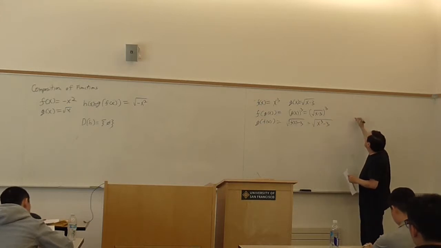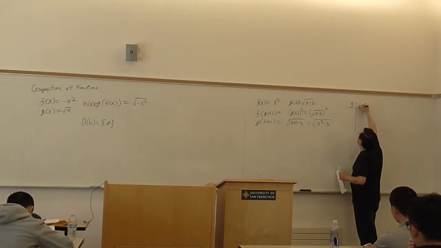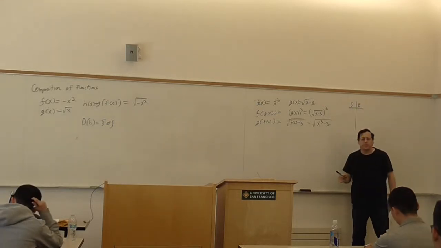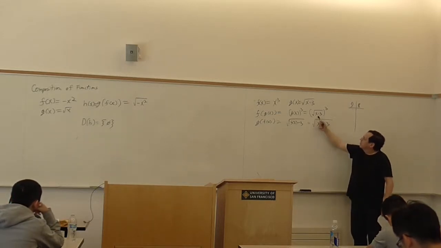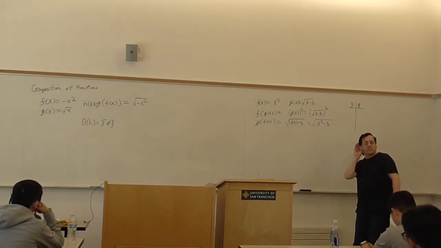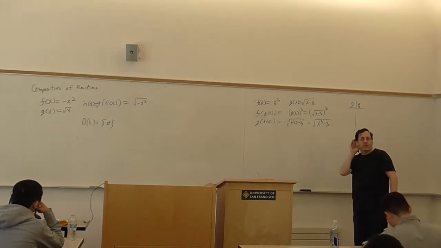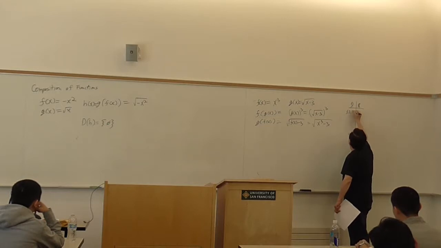What's the domain on this function? It's a little trickier, isn't it? We need what's under the radical to be greater. Yes, Midori? I was going to say x is greater than or equal to 3. Yeah, absolutely. X is greater than or equal to 3.